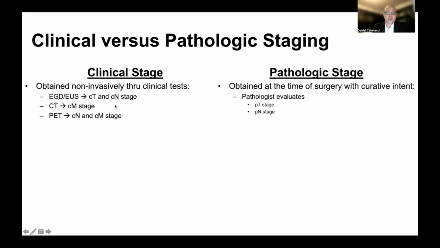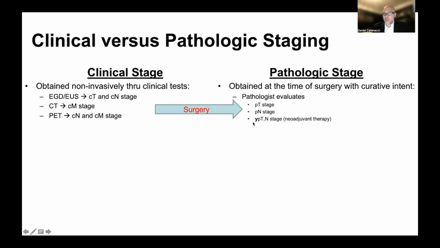They're not perfect, and sometimes we can do all of these tests, get a certain stage clinically, T and N, and then when we go to surgery, the pT stage and pN stage may be different, and that's because these tests, again, are not 100% perfect. That said, it's the best that we've got in this non-invasive setting, and it gives us a framework to work by in terms of what we think the stage is without actually doing the surgery yet.